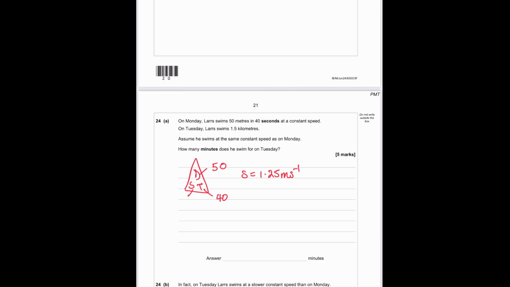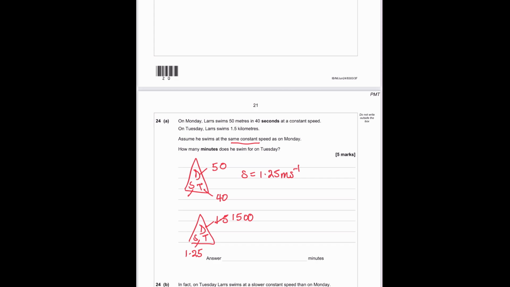On Tuesday, he swims 1.5. So speed, distance, time for Tuesday. He swims 1.5 kilometres. Now let's put that into metres to match the previous question. So that's 1,500 metres. He swims at the same speed as Monday. So his speed is 1.25.